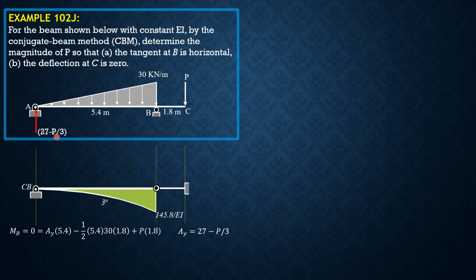Then 27 minus P over 3 times 5.4 triangular loading is 145.8 minus 1.8P over EI. And the moment of P is negative 1.8P over EI.